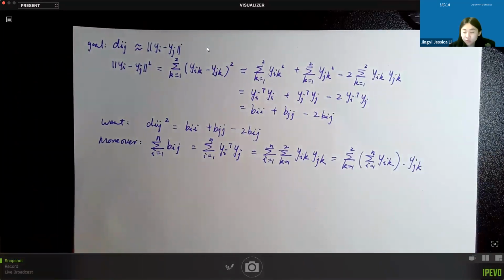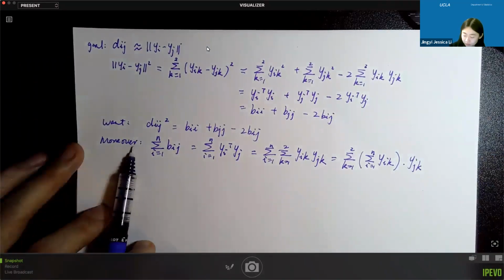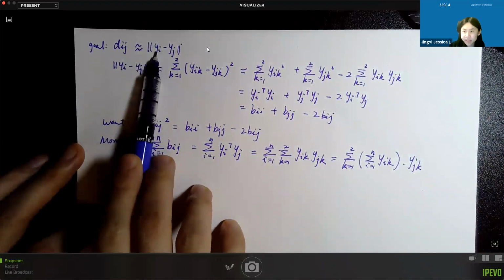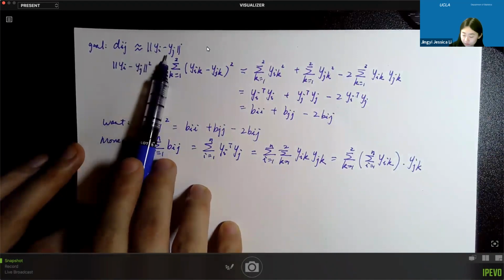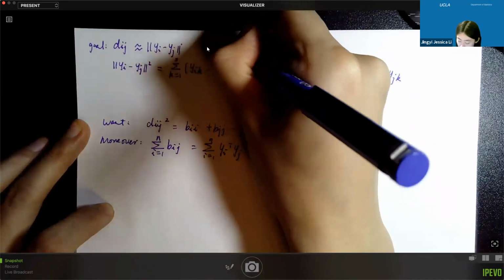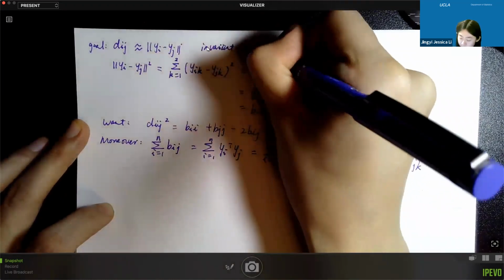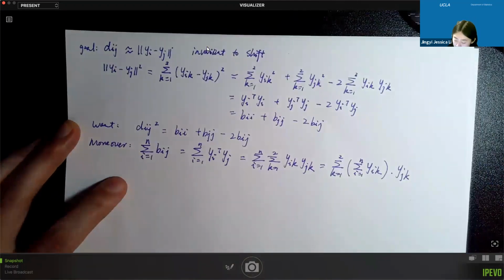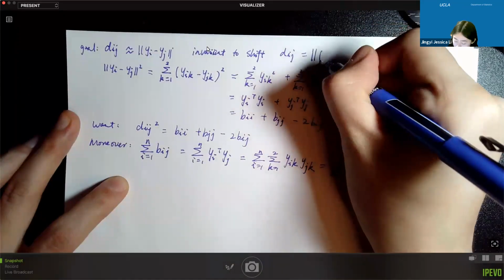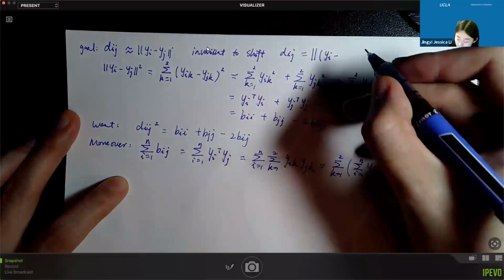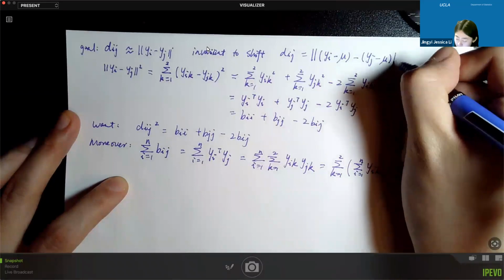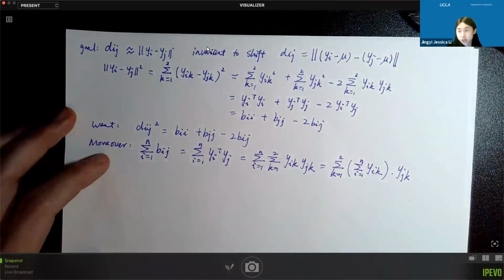One important property about Euclidean distance is that it is invariant to shift. Because if I do the same shift for Y_i and Y_j, so if I do Y_i minus a constant mu, and Y_j minus a constant mu, I don't change their distance.